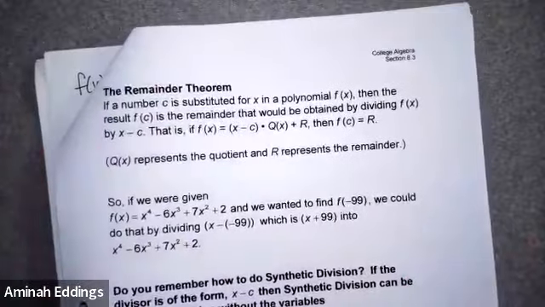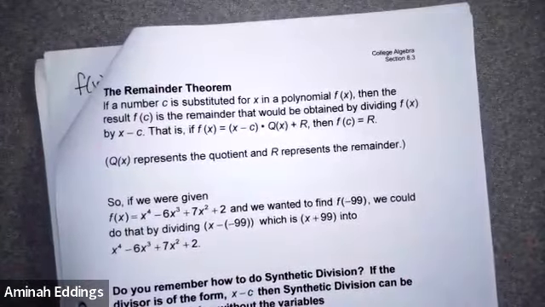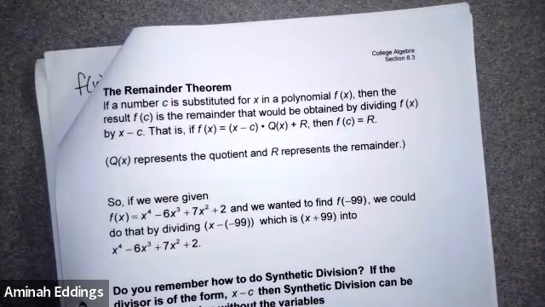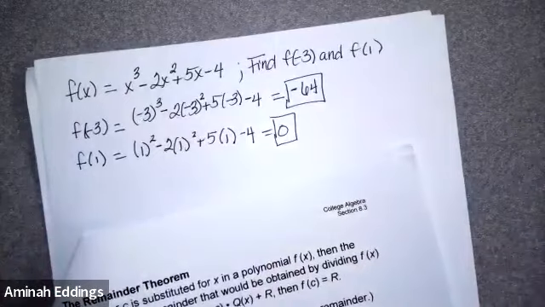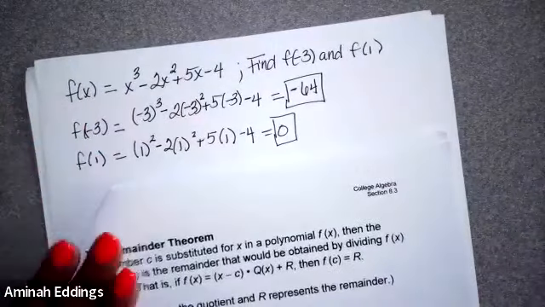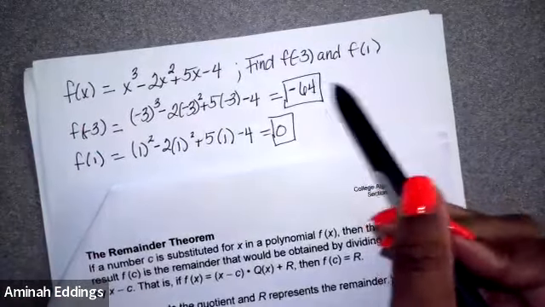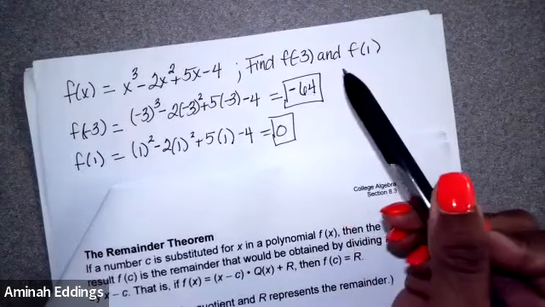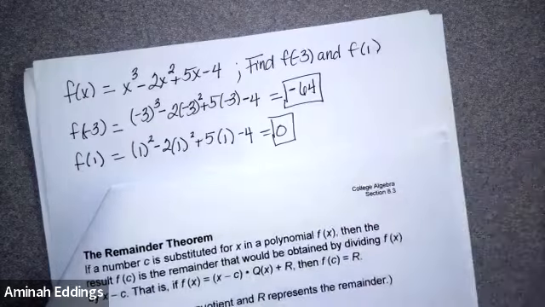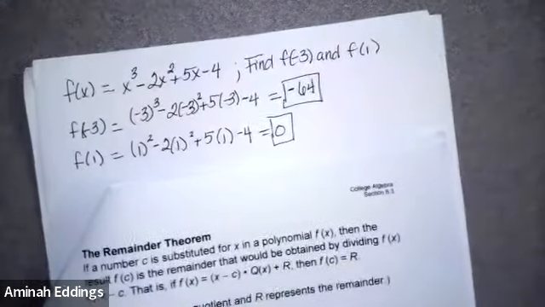So the remainder theorem tells us if we substitute a value for x, meaning if we evaluate it like we just did here, then whatever we receive as our answer is going to be our remainder. So we pretty much just proved that, okay?